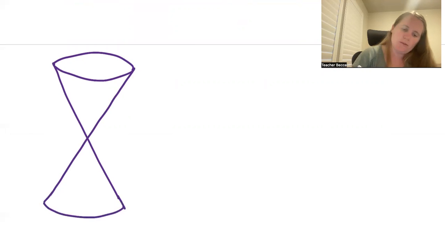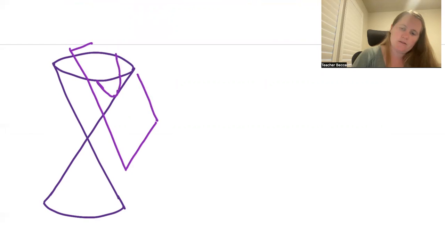So if we pick a plane that runs parallel to the sides of the cone, its intersection will be in the shape of a parabola.